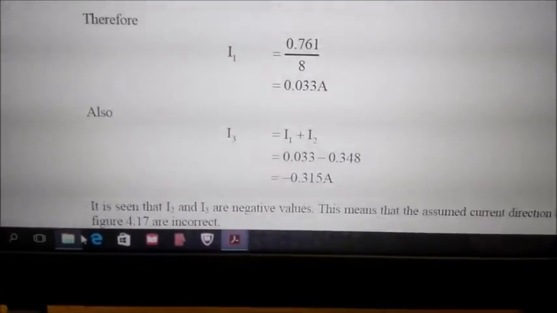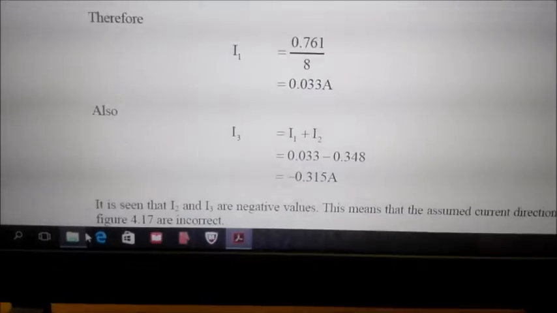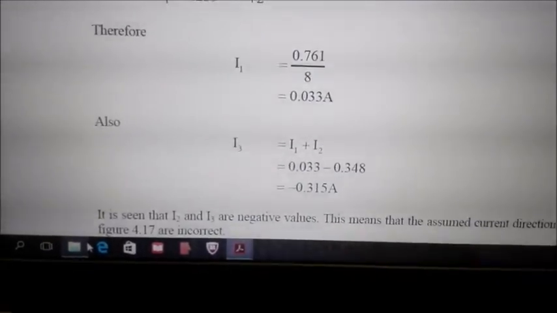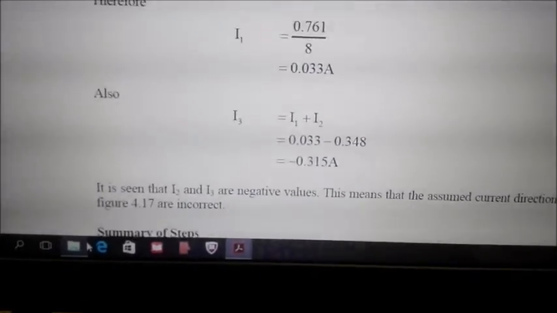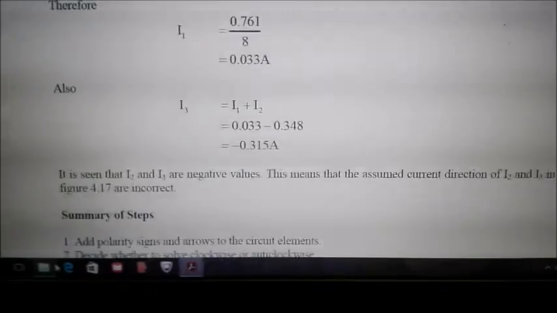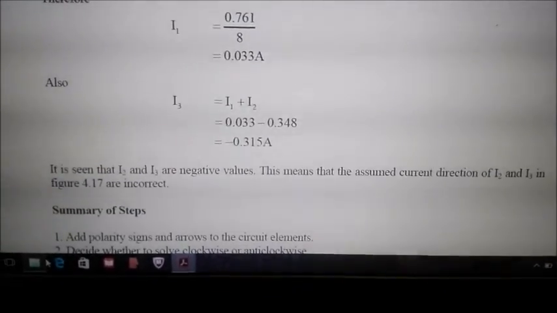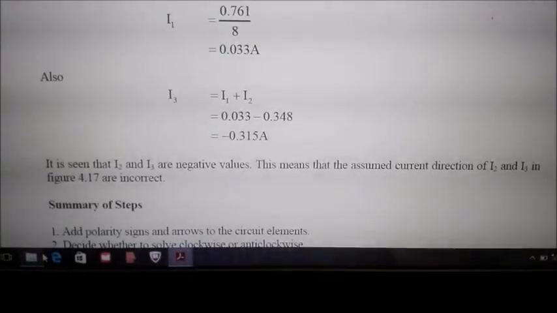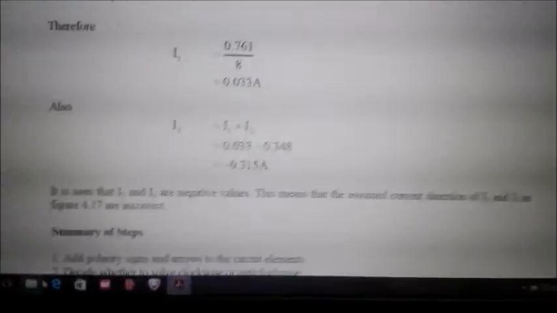Thereafter we can use Kirchhoff's first law and simply add our answers to get I3. And that's how you approach pretty much all the problems when it comes to applying Kirchhoff's first law and Kirchhoff's second law using loop analysis.